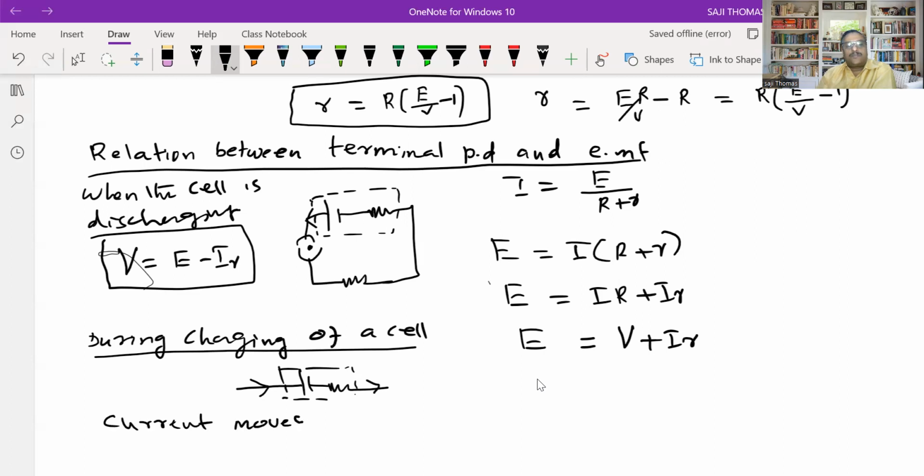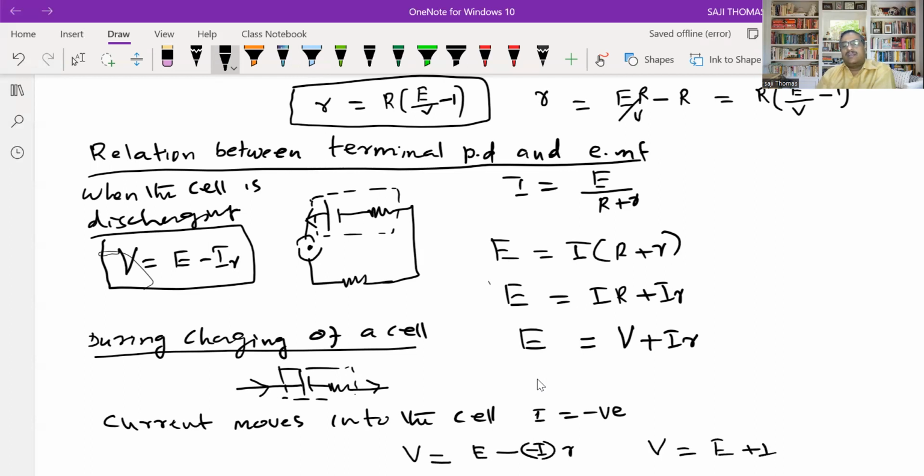While discharging, current moves out of the cell. While charging, current moves into the cell. So I is negative. What will be the equation for terminal potential difference? V equals E minus (negative I)r, so V equals E plus Ir.